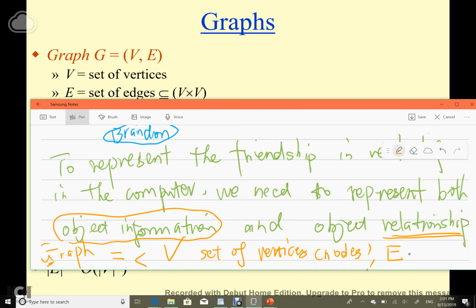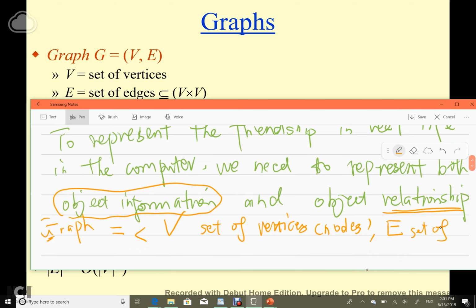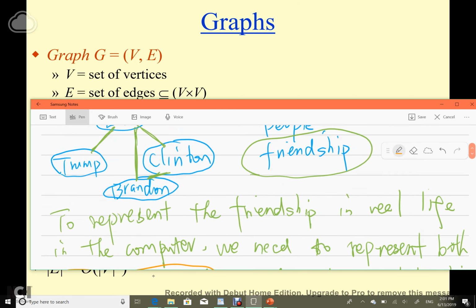This is the set of edges. And from now, when we talk about a graph, we would like to write and give a graph G with V and E.